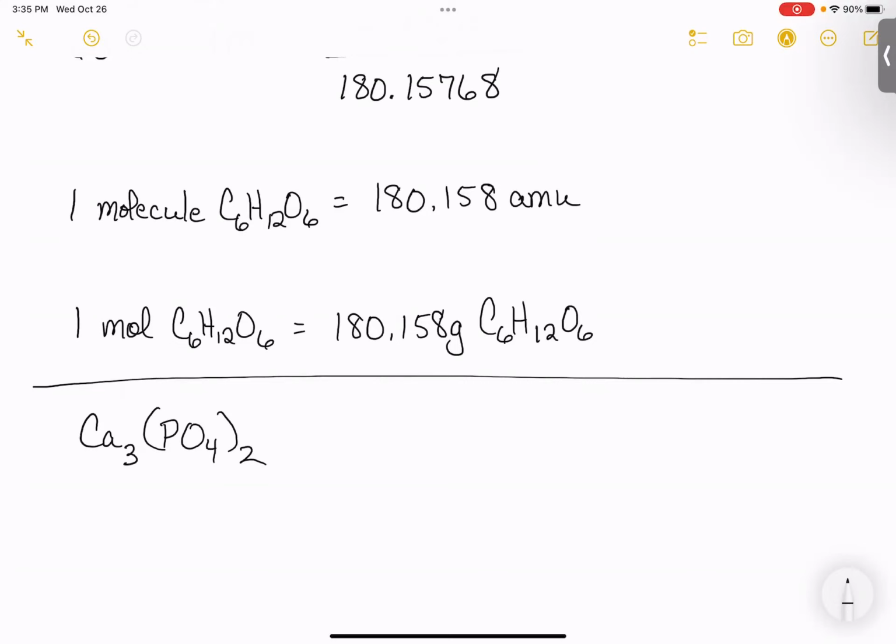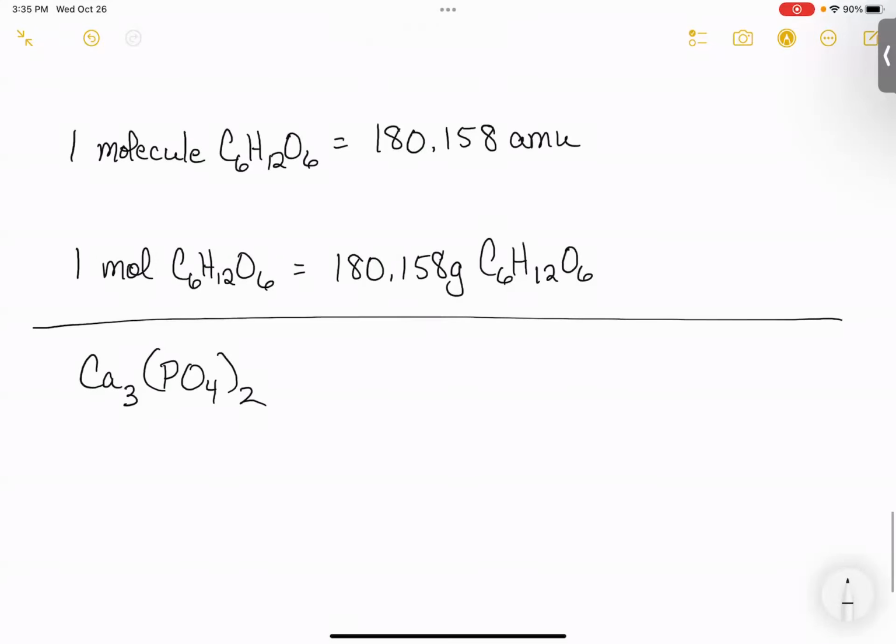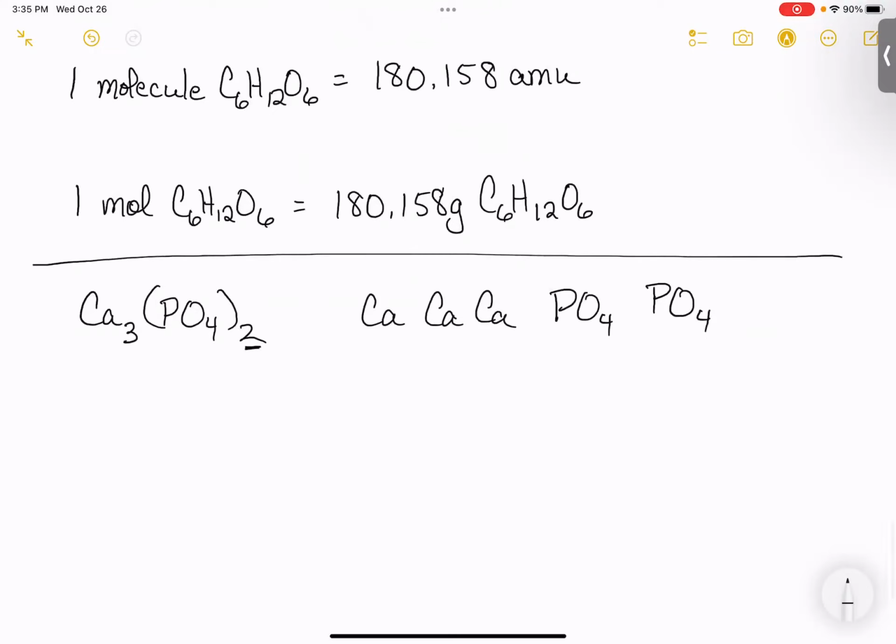It means you have 3 calciums, 1, 2, 3, and you have 2 PO4s. So if we're making our list, we're going to have 3 calcium atoms. We're going to have 2 phosphoruses, and we're going to have 8 oxygens.